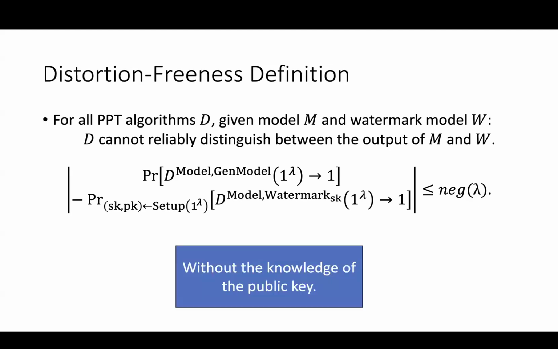Here, I want to stress that in this definition, we're going to have to deviate a little bit from the secret key setting, because our watermarks are publicly detectable. We are in this model where we're not going to let the public key be available to the attacker, because if the public key is available, then one of the two sides is going to have a watermark embedded, and that's publicly detectable, and so the attacker could detect it.